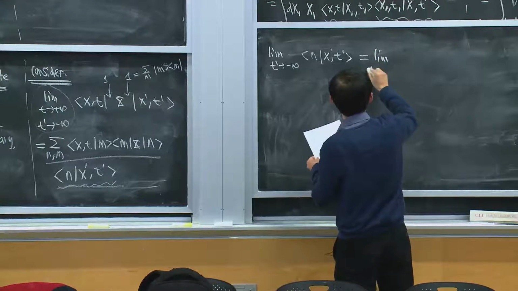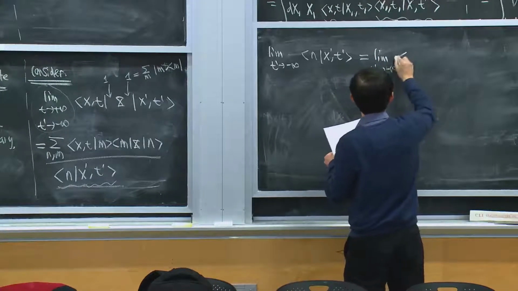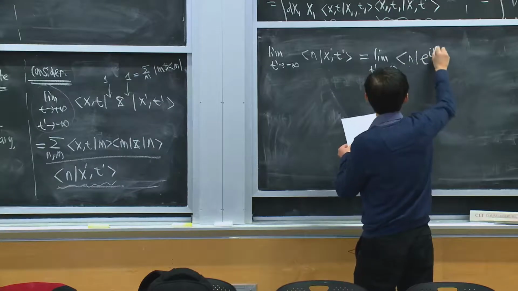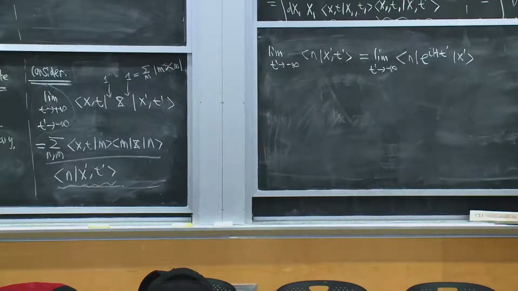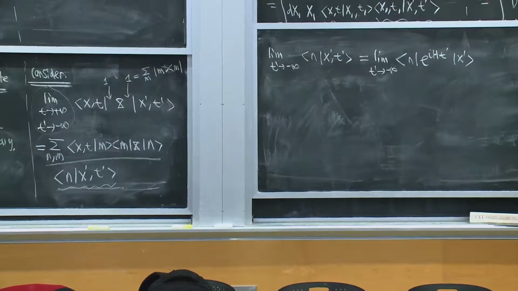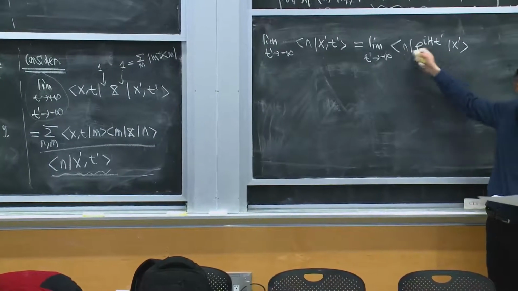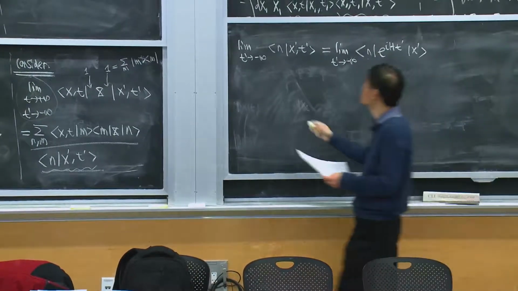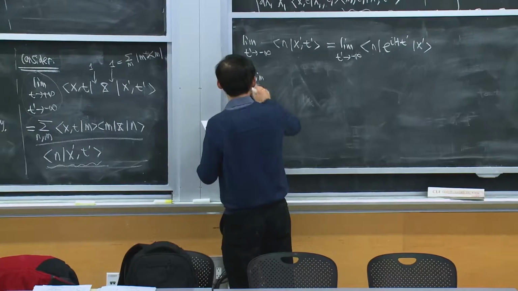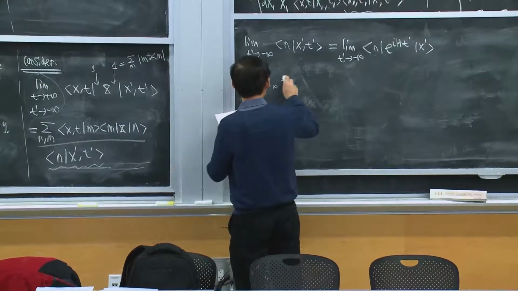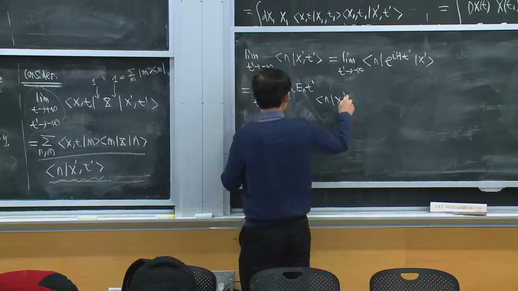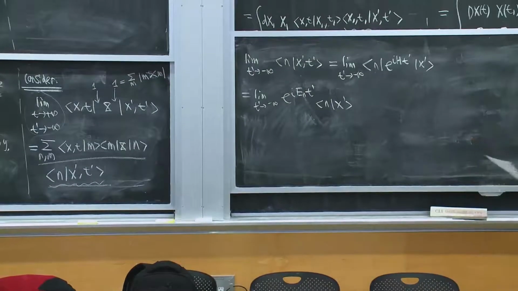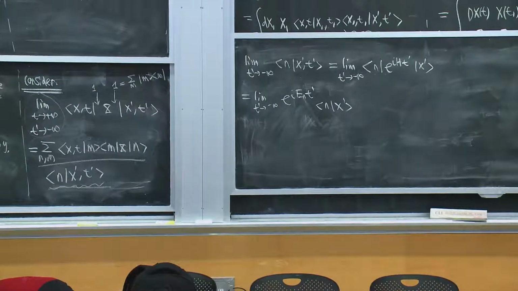We write it as ⟨n|exp(iHt')|x'⟩, the standard Schrodinger picture state. Since n is an energy eigenstate, we can just act with this. So this is equal to the limit t prime goes to minus infinity of exp(iE_n t')⟨n|x'⟩.